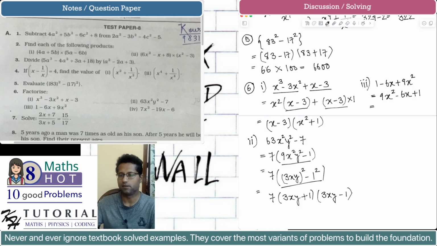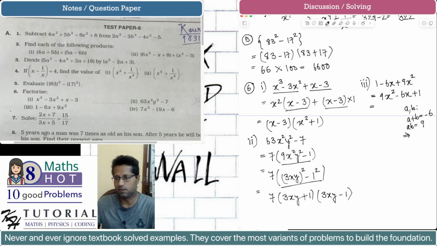To factorize this kind of quadratic trinomial, we try to find numbers a and b such that a plus b is equal to the coefficient of x, that is minus 6, and a multiplied by b is the product of the constant term and the coefficient of x squared, that is 9. So a plus b equals minus 6 and ab equals 9.